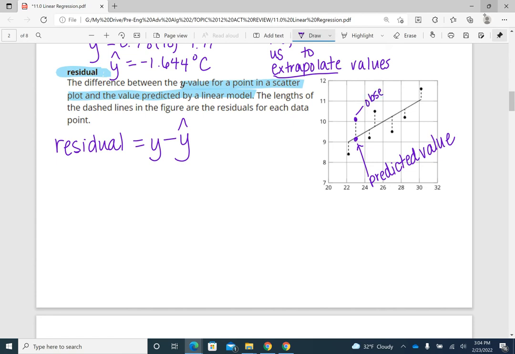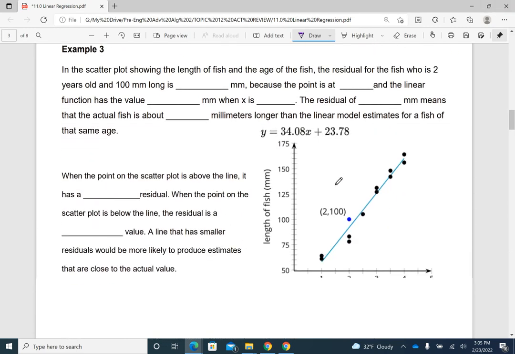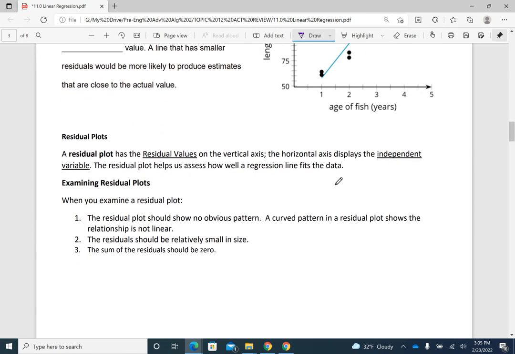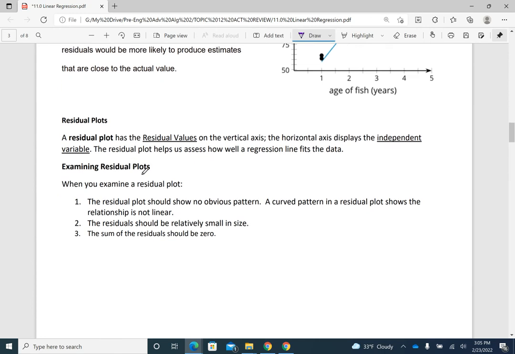What actually happened. Okay. And then we can take all the residuals for each individual point and make something called a residual plot.